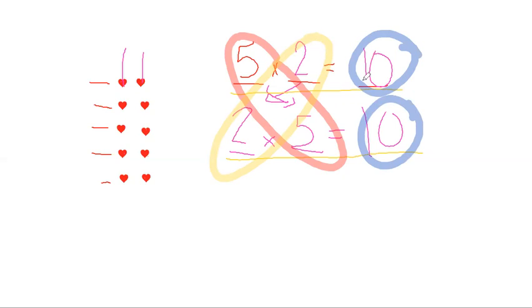Let's look at another example together. Okay. On your screen, you have a new array. We're going to use this array to write a multiplication sentence, okay? Then we're going to use the commutative property of multiplication to write a related multiplication sentence.